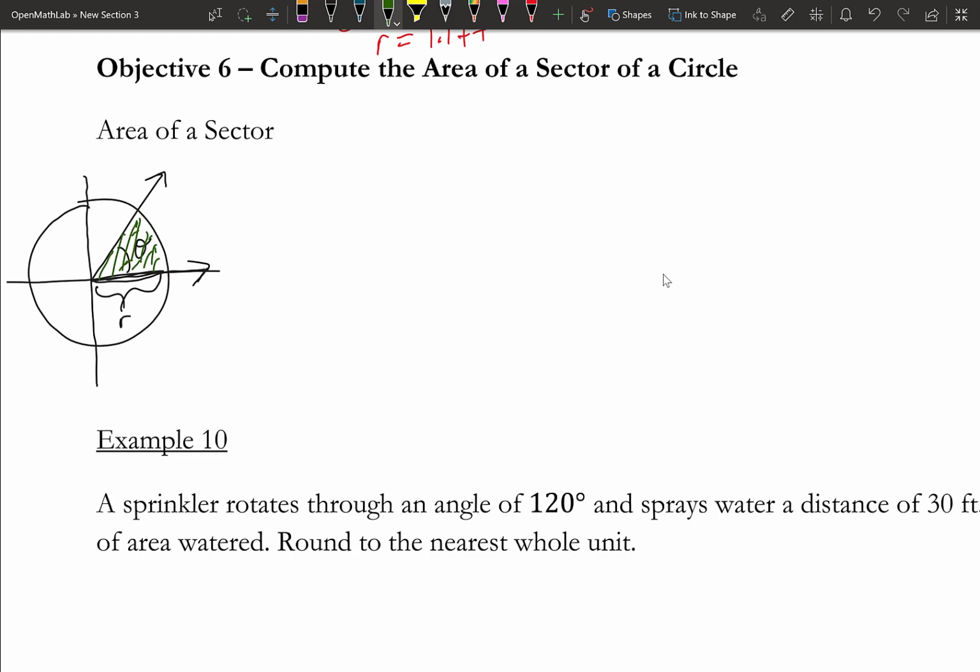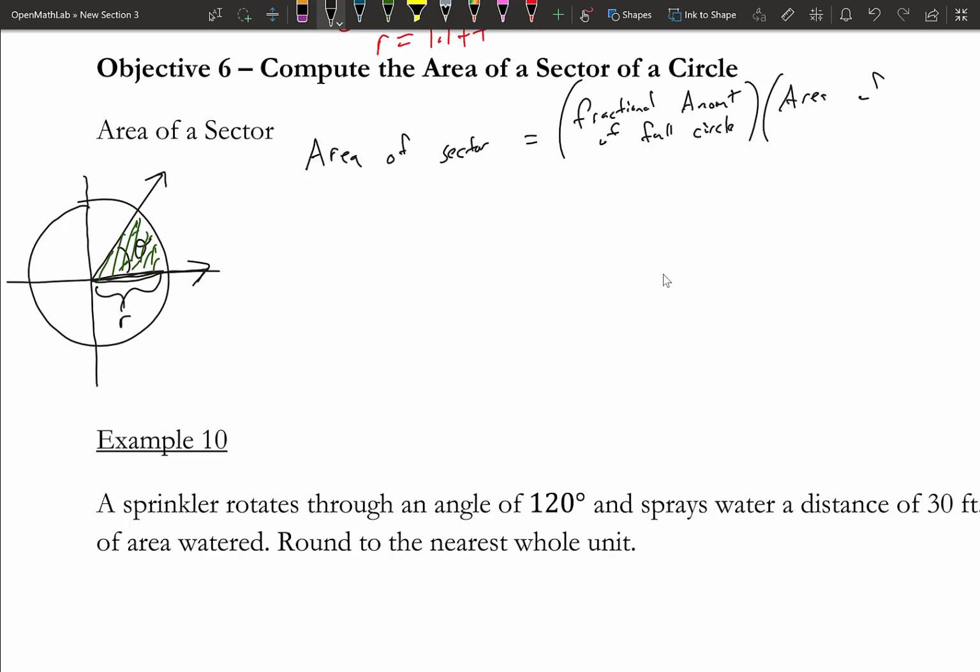Essentially the way we can think about it is we have a portion of a whole circle. The way I like to think about it is the area of a sector is going to be equal to the fractional amount of the full circle times the area of the full circle.